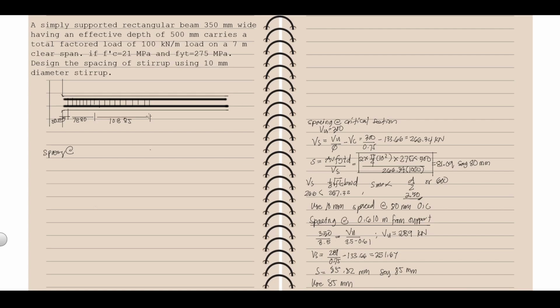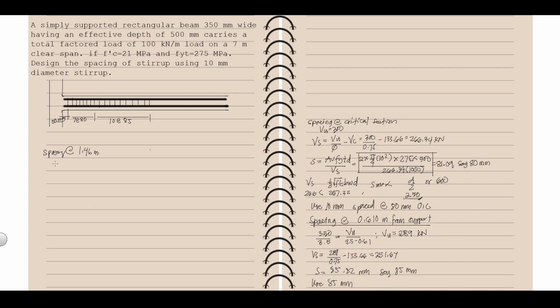Itong dinagdag natin. So, 0.610 plus 10 na 85 mm. So, 0.085, 10. So, that is 1.46. So, spacing at 1.46 meter.